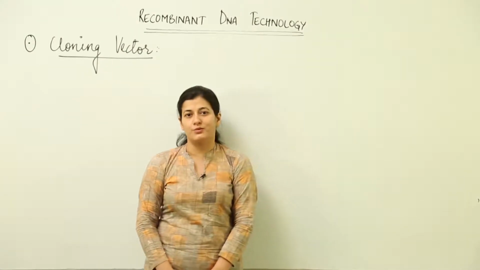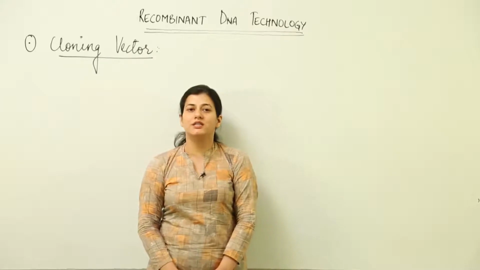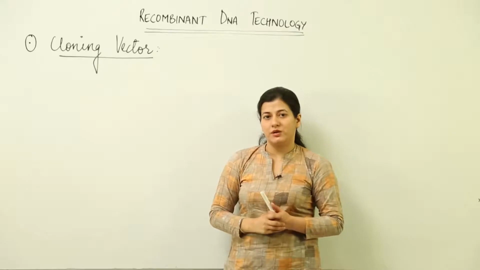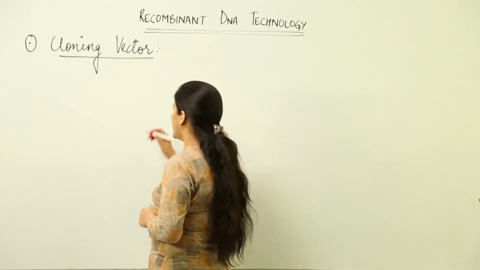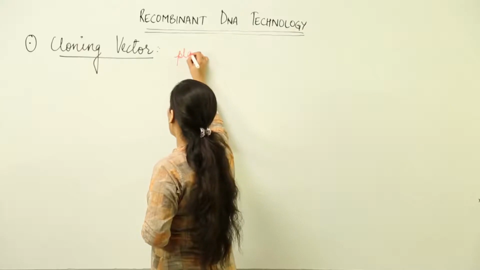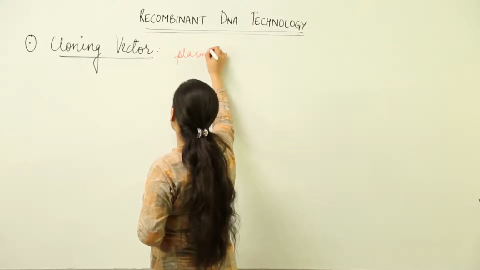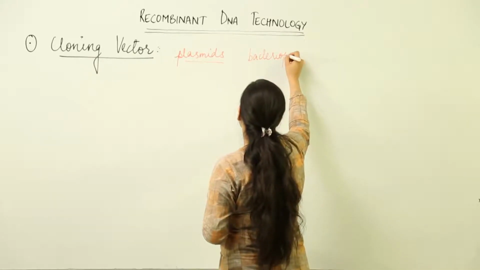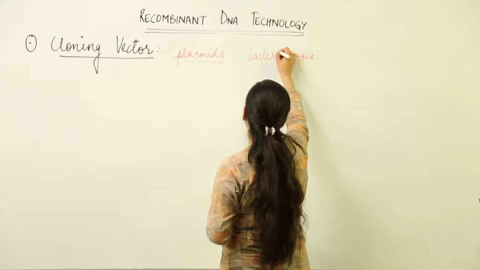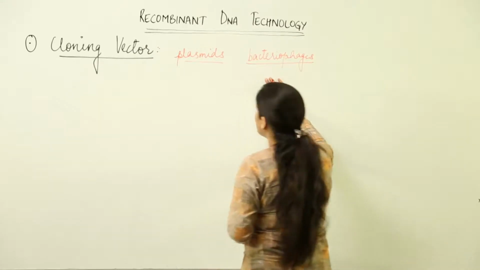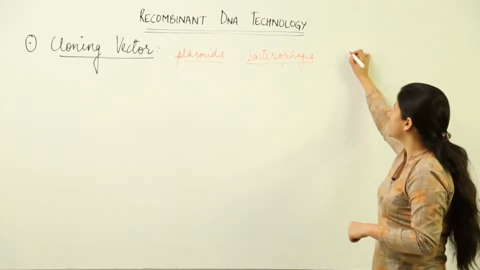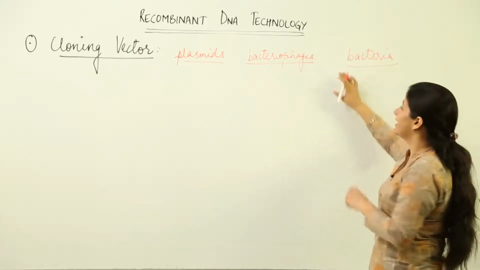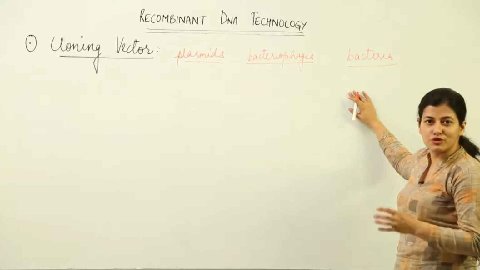We are going to talk about another tool of recombinant DNA technology, that is cloning vectors. Now, before we start with cloning vectors, we know one thing, that both plasmids and bacteriophages, which are categorically speaking viruses, have the ability to replicate within the bacteria without any interference from the chromosomal DNA of bacteria.